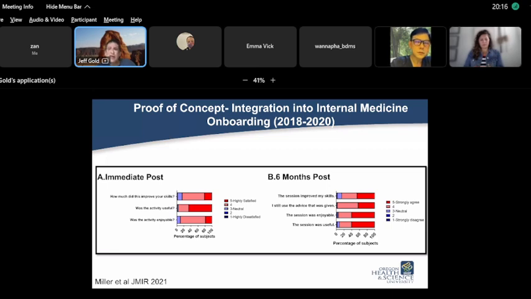And so what we did is internal medicine residents, when they started at OHSU, about a month and a half into their training, had a week-long boot camp. And in this boot camp, they had multiple simulation-based stations, how to place central lines, how to treat atrial fibrillation, all sorts of things. But one of the sessions was also focused on EHR use.